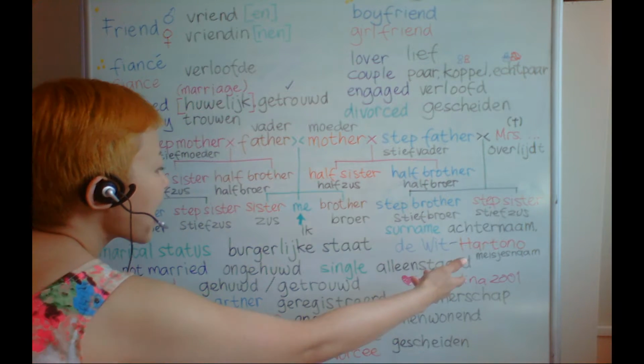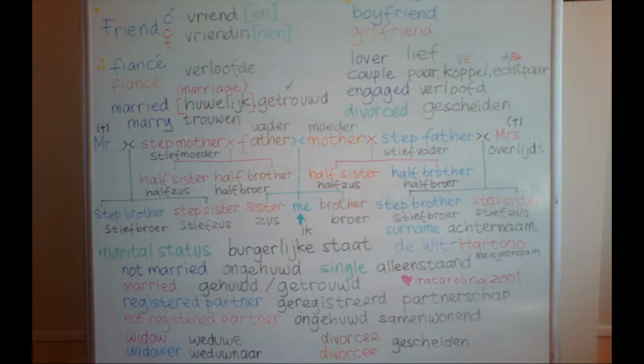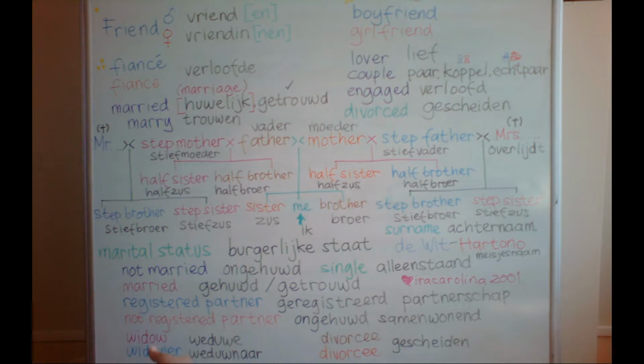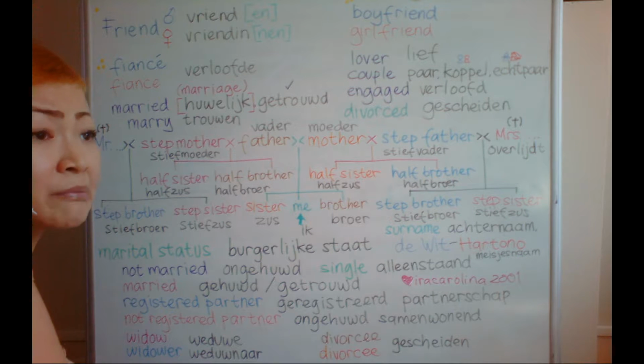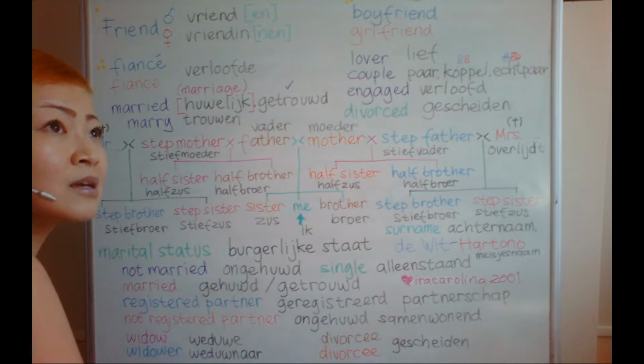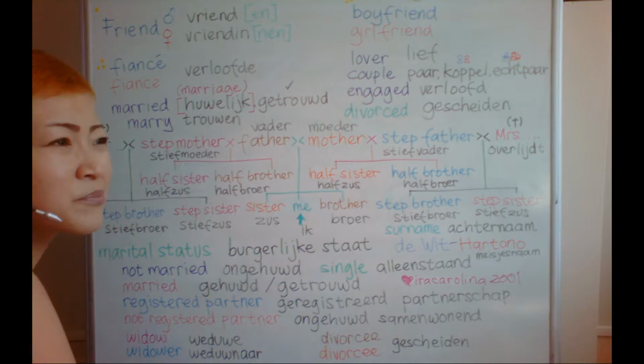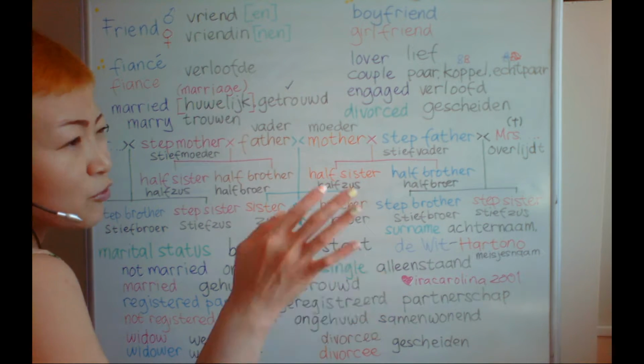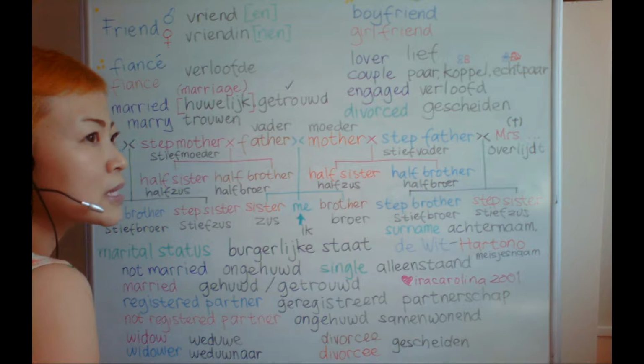This ongehuwd means you're not married or you've not yet been married. It's like you've never been married or never been with someone, or maybe with someone like a boyfriend, girlfriend, or something like that.